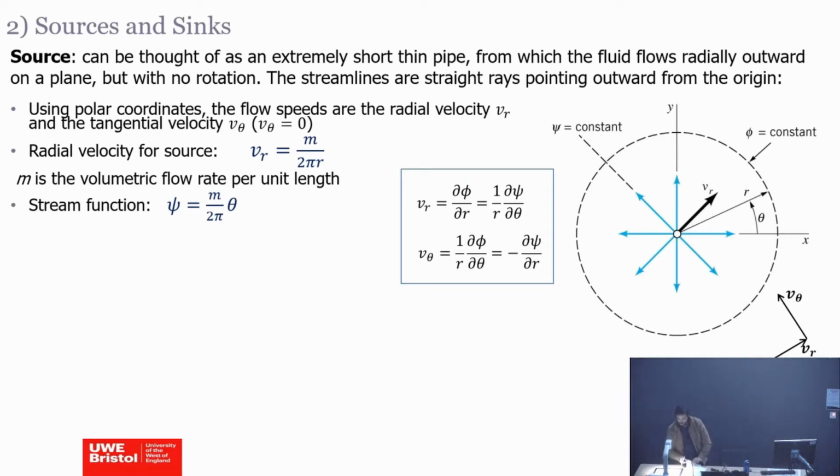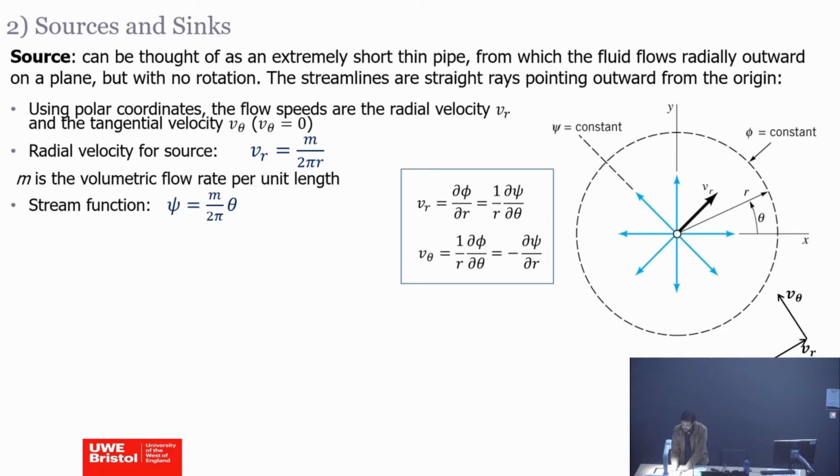We can do the same for how to get the phi. What we have is VR is d phi of dr. So really, just integrate. And of course VR is m over 2 pi r.